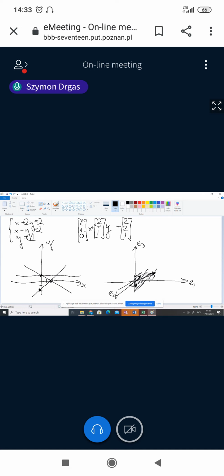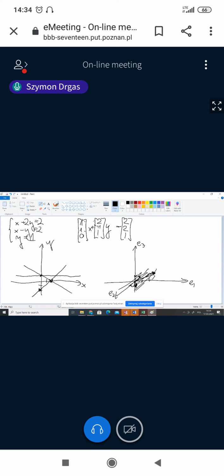Is it possible to solve this system of equations? What will happen if every equation has 0 at the right side?